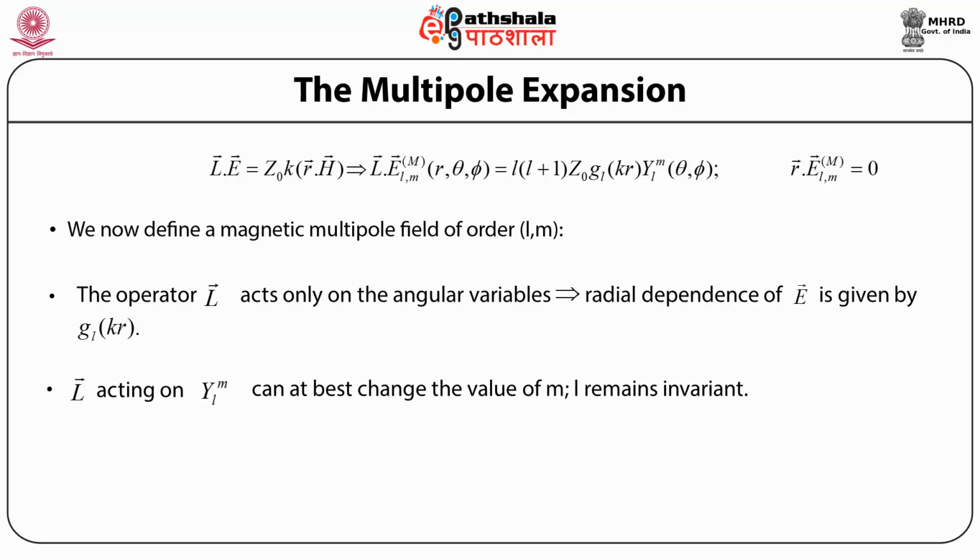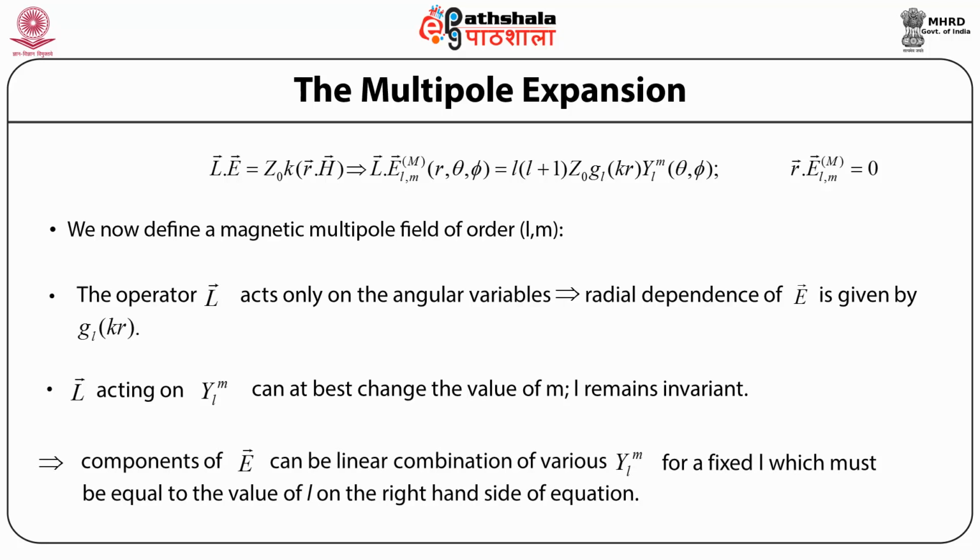So this implies that a component of E vector can be a linear combination of various lm for a fixed l, which must be equal to the value of l on the right hand side of the equation.